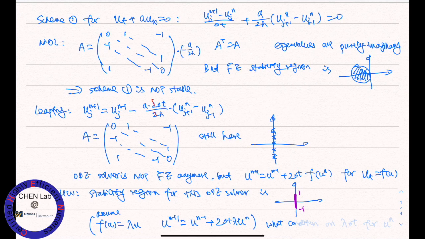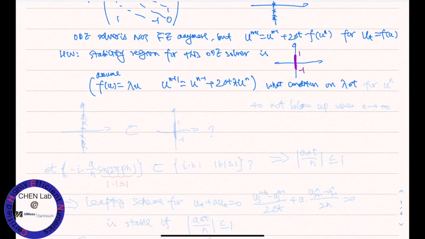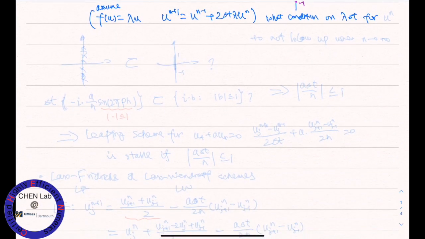So what condition on lambda delta t is needed for u^n to not blow up? That's what we meant by calculating the stability region, to not blow up when n goes to infinity.